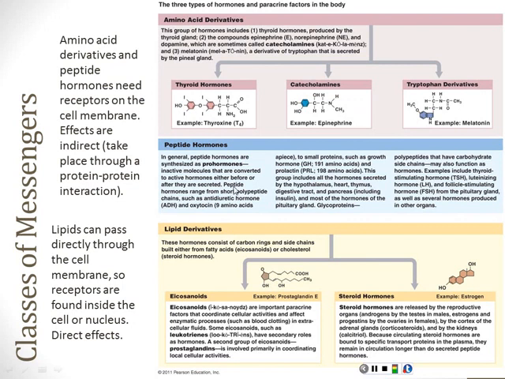So some examples of those, there's really two big classes. There's the eicosanoids, which is a hard word to say. The eicosanoids are sort of complex molecules. The ones that are most important are the prostaglandins and the leukotrienes. Now, we're not going to talk very much about this class.